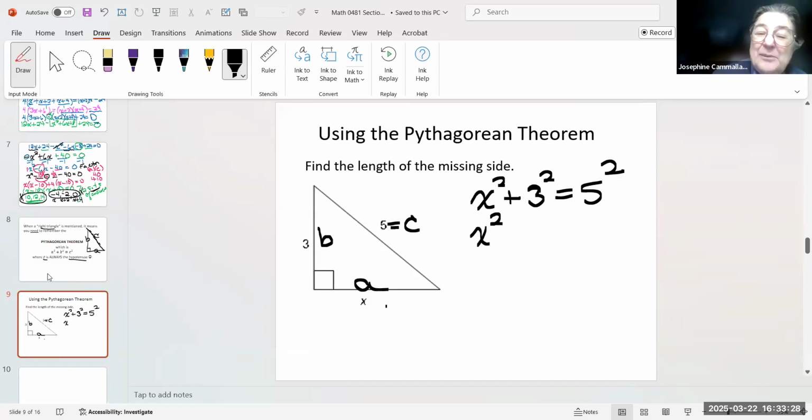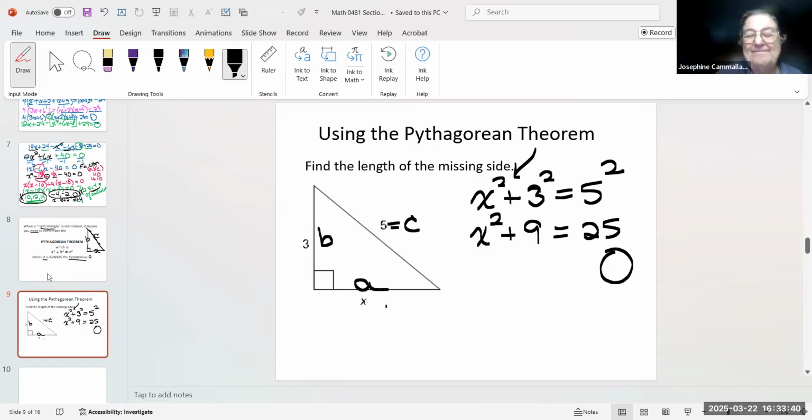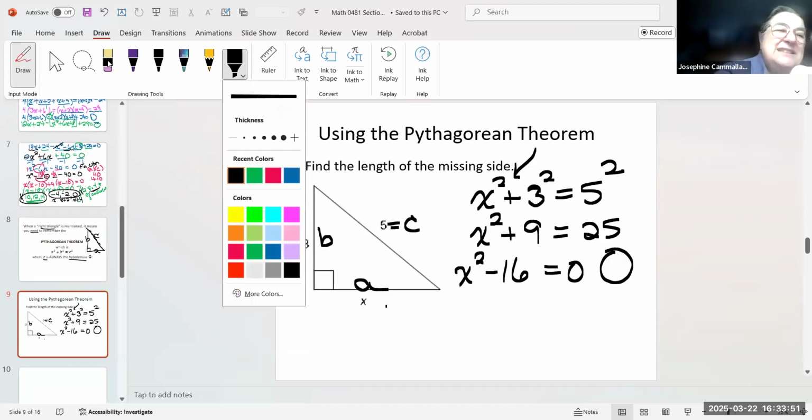X squared plus 9 is equal to 25. Now, remember that little 2? I want 0 here, which means I get x squared minus 16 is equal to 0. Okay.